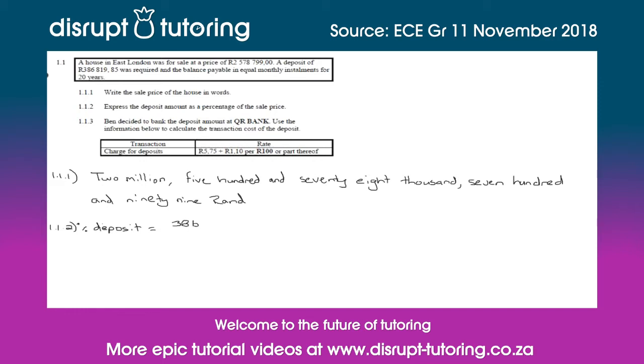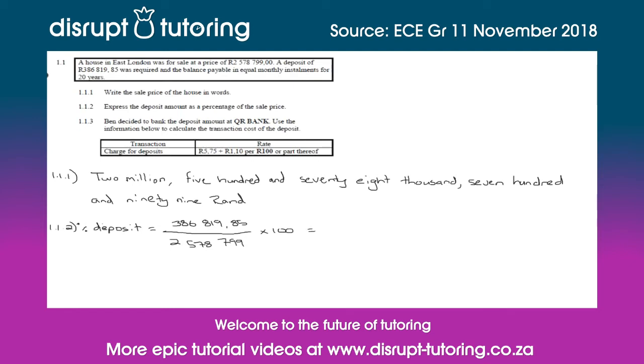So it's 386,819 rand and 85 cents. That's the deposit out of the total, and the total is what we divide by. So it's 2,578,999, and we need to multiply this by 100.